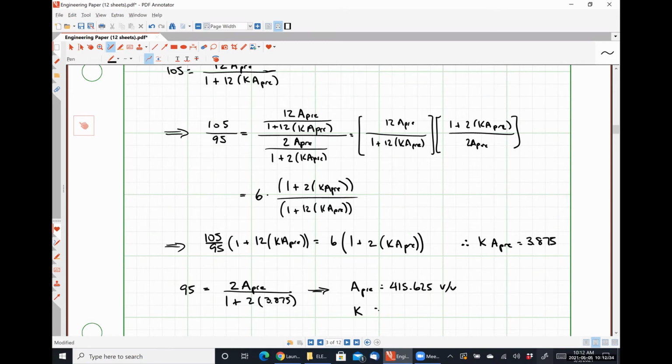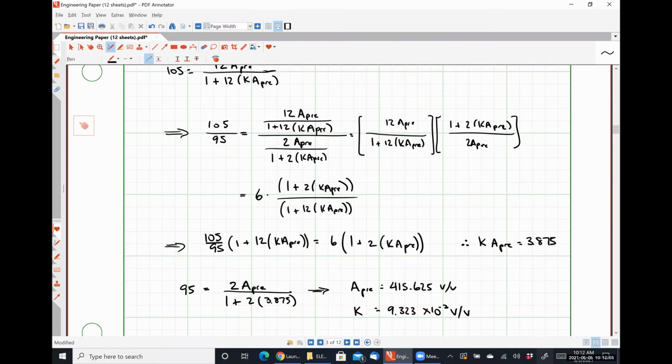And from this, K, my feedback factor, must be 9.323 times 10 to the minus 3. And I get the exact same result if I use the 105; I checked just to make sure.